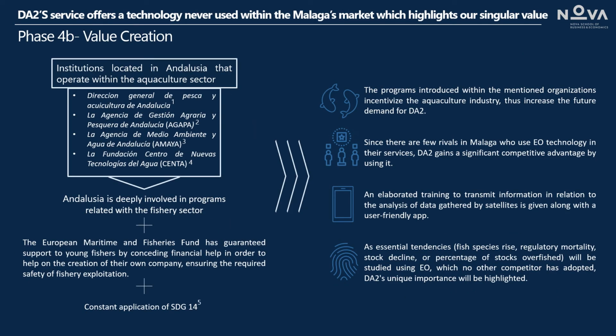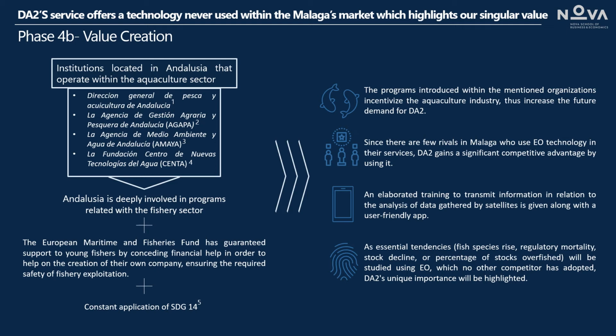There are many institutions in Andalusia that operate in the aquaculture sector, such as Agapa, Amaya, and Senta, among others. And they are all deeply involved in the programs related with the fishery sector, constantly applying the SDG goals, especially the number 14.